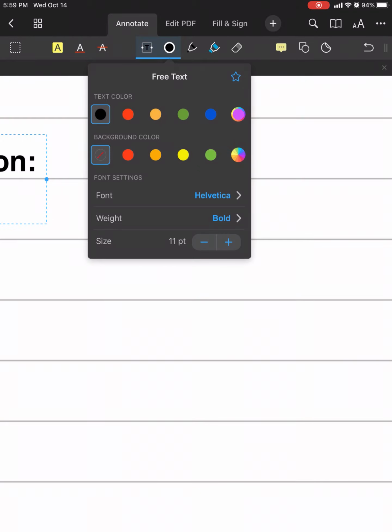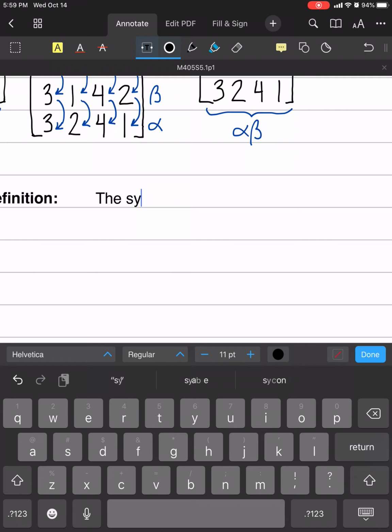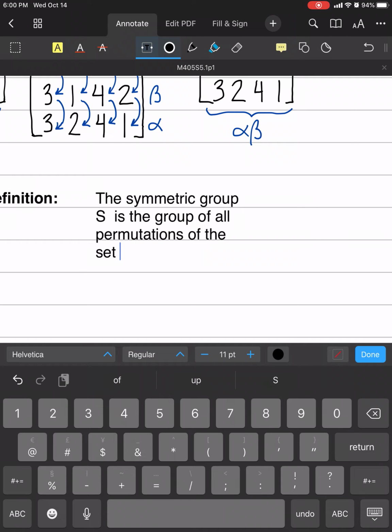The symmetric group S, I'm going to leave a couple spaces here because I'm going to use something there, is the group of all permutations of the set 1, 2, 3, up through N.